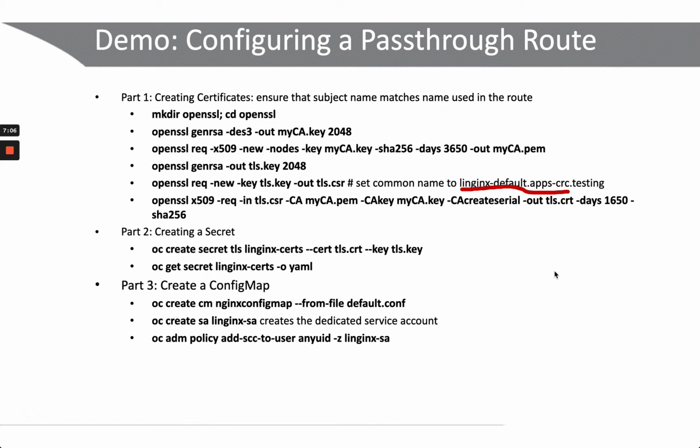I need to create all of this stuff in the default namespace. So I need to repeat my oc create sa linginx-sa, and I also need to repeat my oc create cm, and I also need to repeat my oc create secret. And oh boy, that is going wrong because of the directory name that is odd.